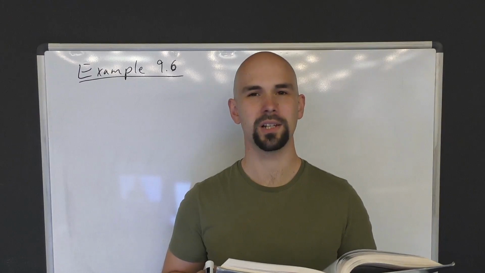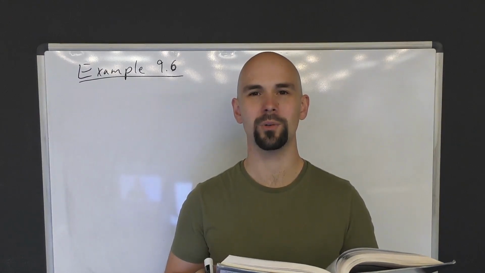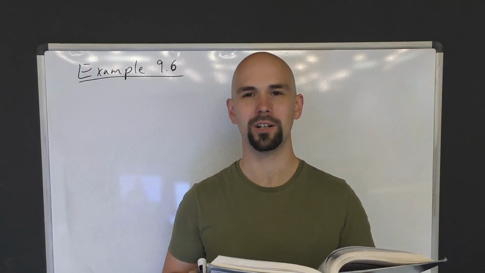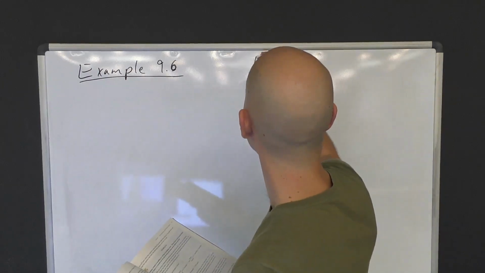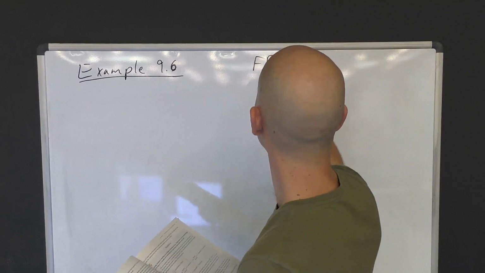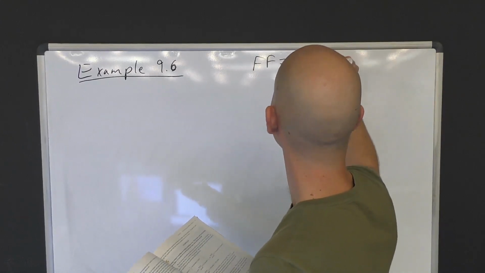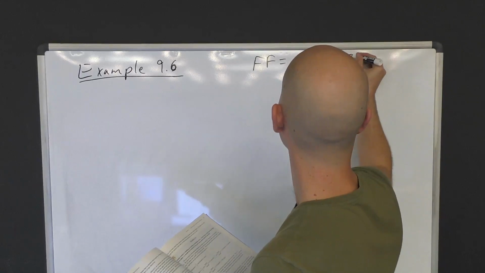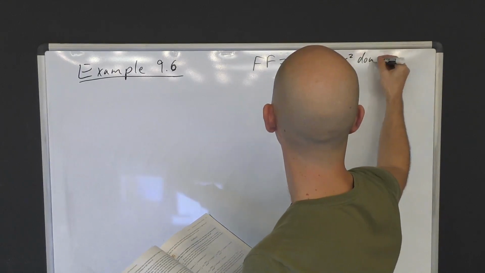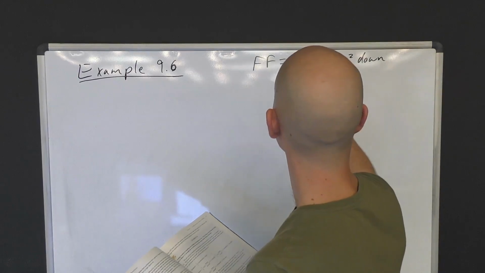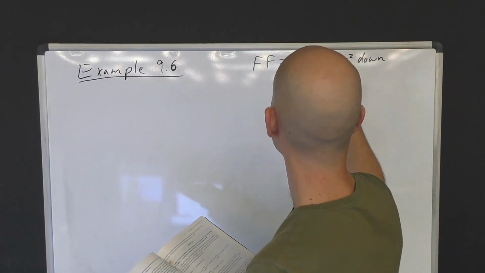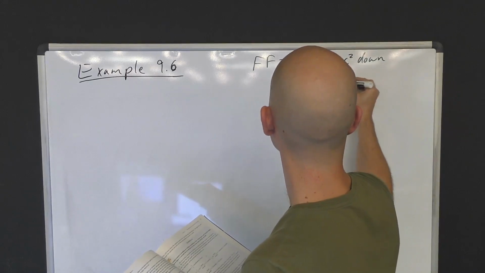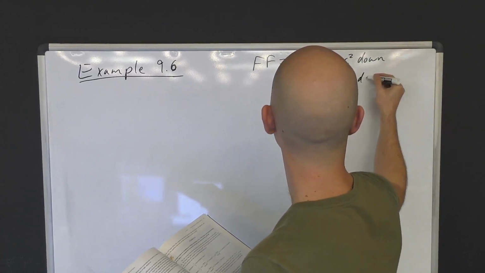We actually know its acceleration already because we know that when an object is in free fall, it accelerates at 9.8 meters per second squared down, or same thing, 32 feet per second squared down.